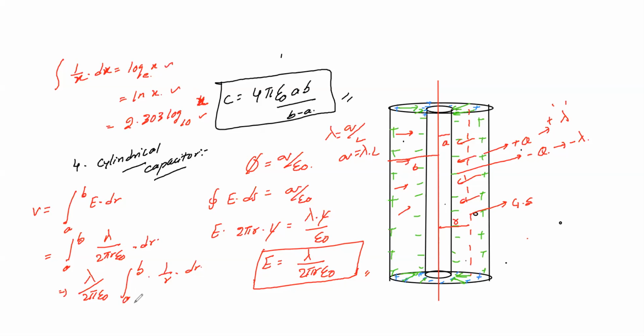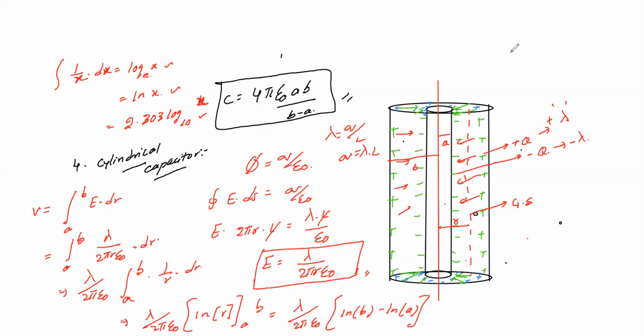So let's see the relation. The integral of 1 by r into dr with limits A to B gives lambda by 2 pi epsilon naught times ln of r from A to B, which is ln of b minus ln of a.